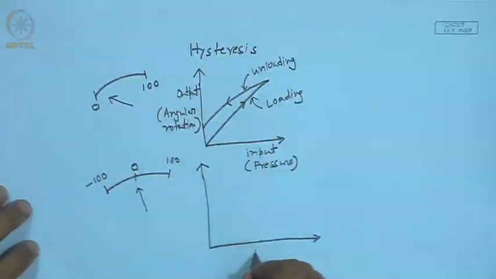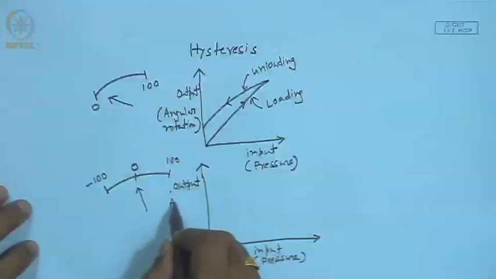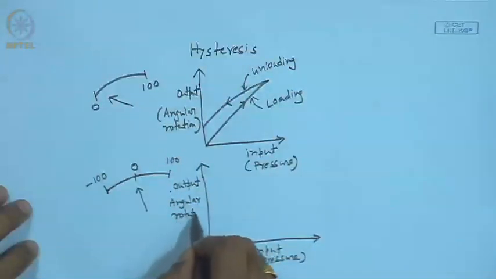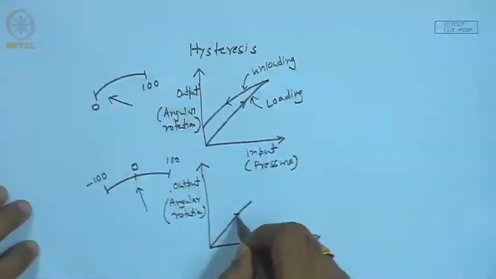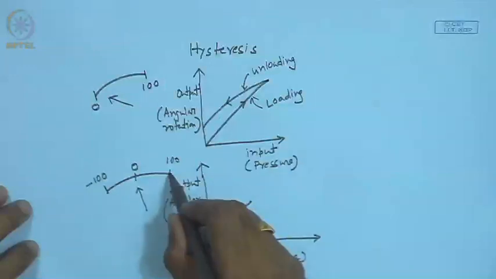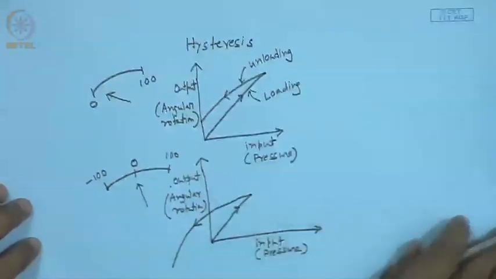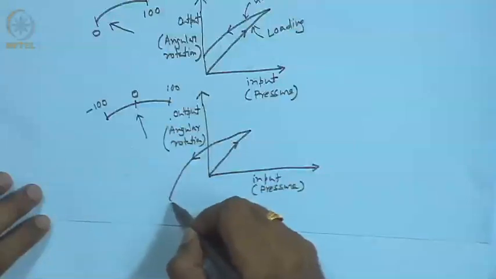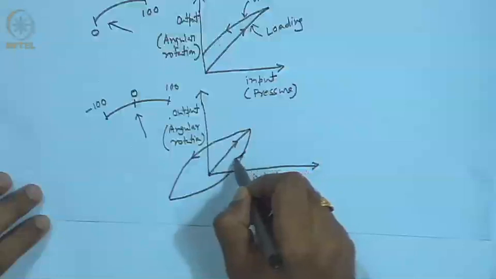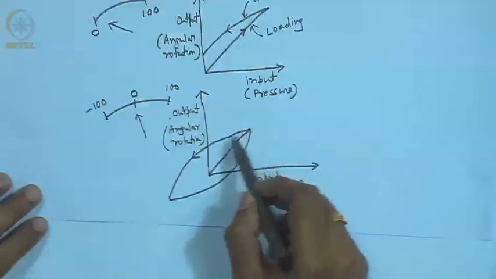If I now make the same plot, it may look like this: start from 0, I reach here, come back to this unit, and then this. So, again this is the hysteresis loop.